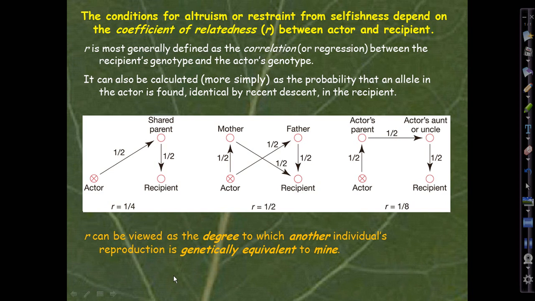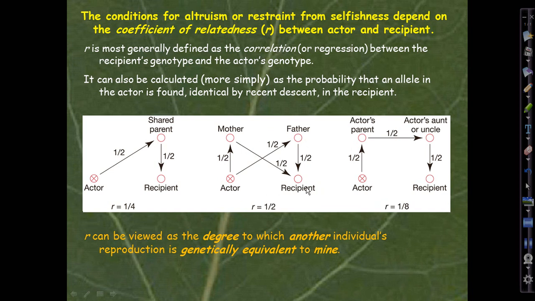So the intuitive understanding of why these dictate the conditions under which altruism might be profitable in an evolutionary sense is that you can view r as the degree to which another individual's reproduction is genetically equivalent to mine. So I actually have a full sister. She has two daughters, my nieces.